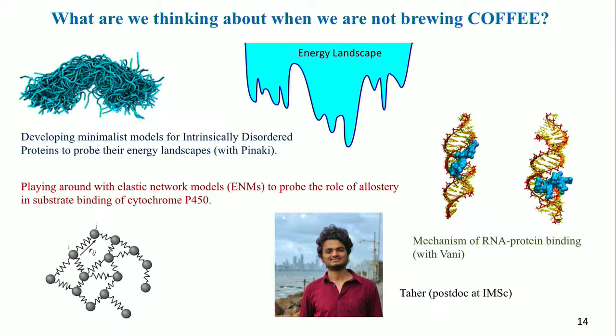The other problems we are thinking about include playing around with elastic network models to probe the role of allostery in the case of substrate binding of cytochrome P450. This is work currently being done by Taher, who recently joined as a postdoc in IMSC. And then we are also trying to probe the mechanisms of RNA-protein binding, and this is what we are doing with Vani.